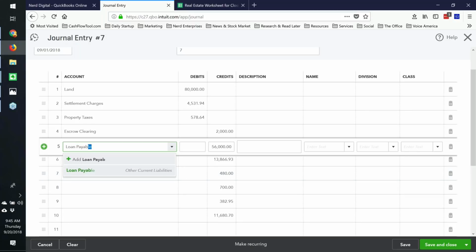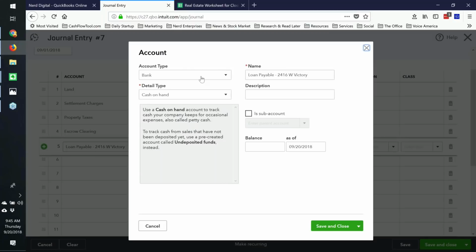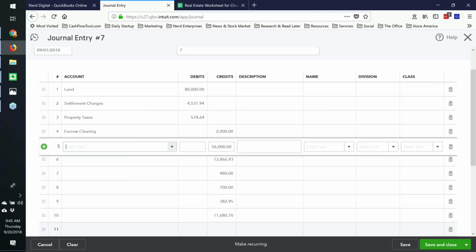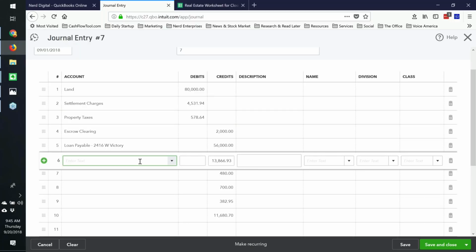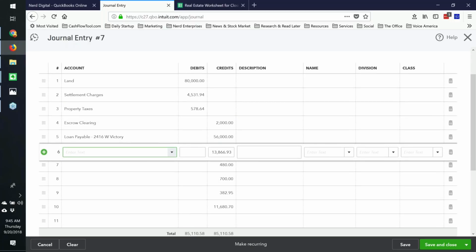This is going to be loan payable for 2416 West Victory. And you'll notice I like to be very consistent in the naming of things in the chart of accounts so that it's very clear which property something is related to. It really helps later on, especially when you have a lot of properties on the books.